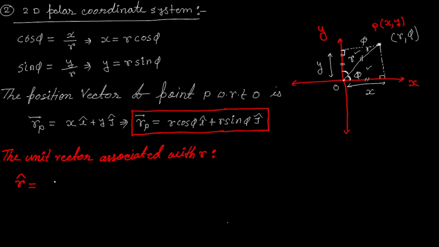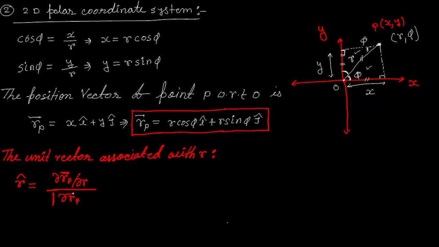In this case, the position vector is a function of two variables, r and phi, so we can define two unit vectors. First, the unit vector associated with r: r cap is equal to, first we take the partial derivative of the position vector rp with respect to the variable r when phi is fixed, and then we divide by the magnitude of this vector.